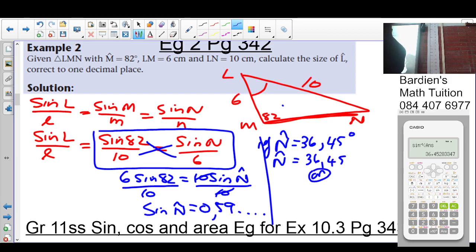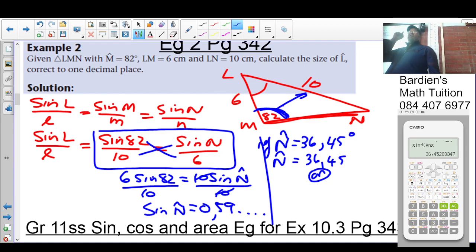Or, what am I calculating? N. It can't be obtuse. Why can't it be obtuse? Because this angle here is opposite the longer side than 6. Can you see that, people?